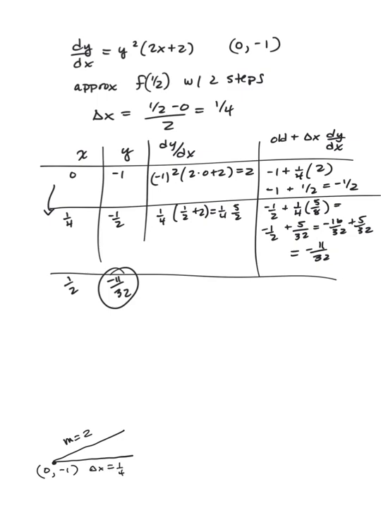So x is moving to the right 1/4, and then y is moving up 1/2. Okay, so then you get to your next point. So my next point is now (1/4, -1/2).